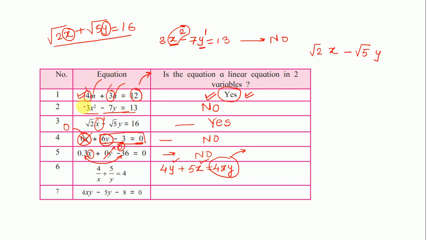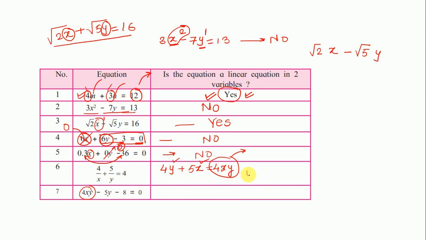The same case, equation number 7, 4xy minus 5y minus 8 equal to 0. In this case also the degree of xy is not 1. That's why it is also not a linear equation in two variables.